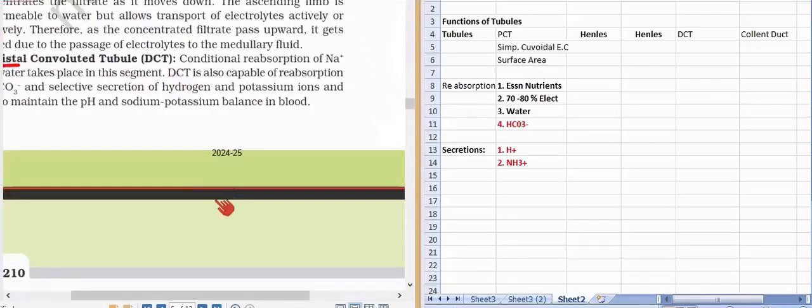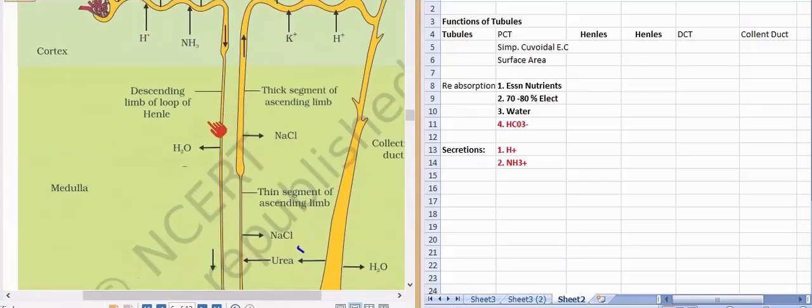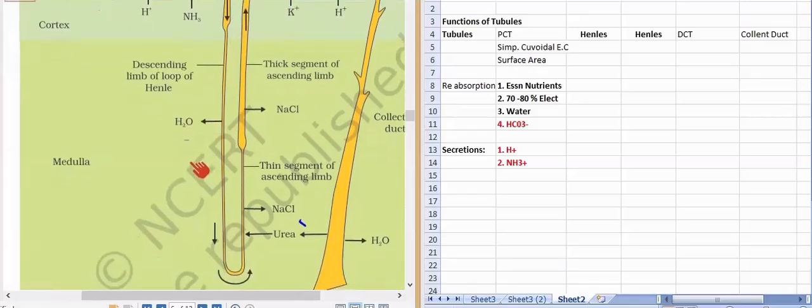Next is Henle's loop, this one. You should understand what's happening here. When the filtrate is coming, water will be released. It means the descending limb is permeable to water, and salts will not be permitted. Because of that, as it goes down, water becomes less and salts more, so the filtrate becomes concentrated.